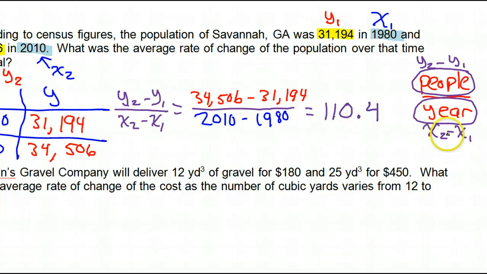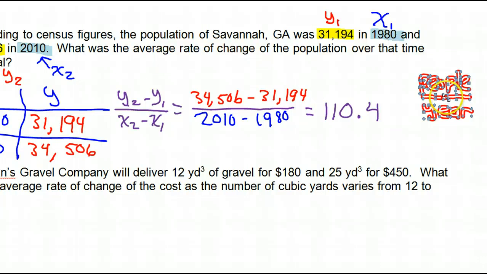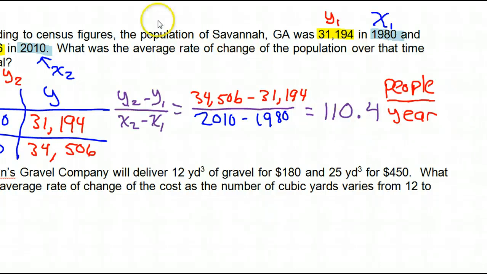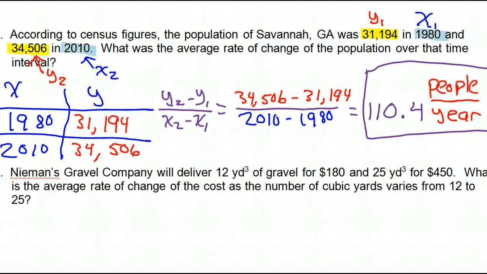Okay, and again, the units are important. So don't just say 110.4. Say 110.4 people per year. Okay, that is how you do a word problem.